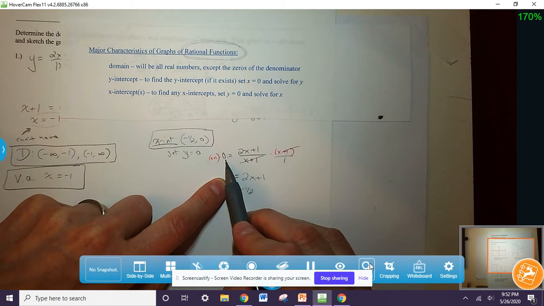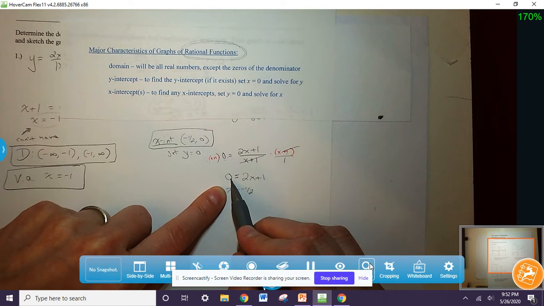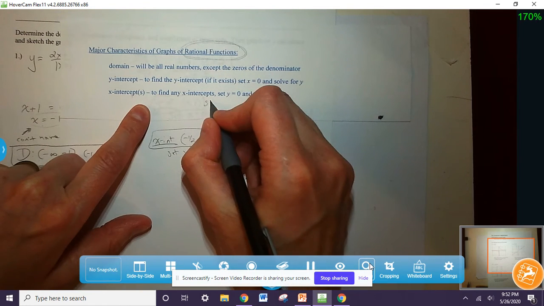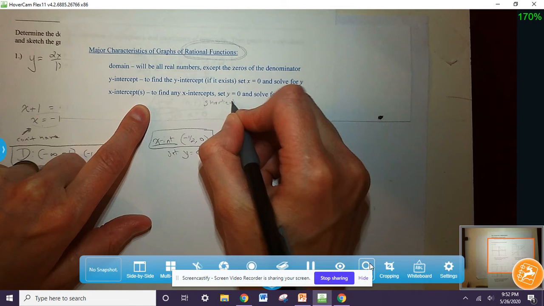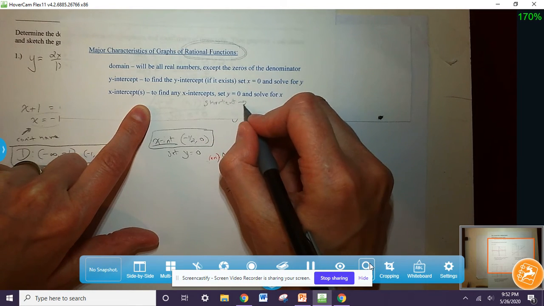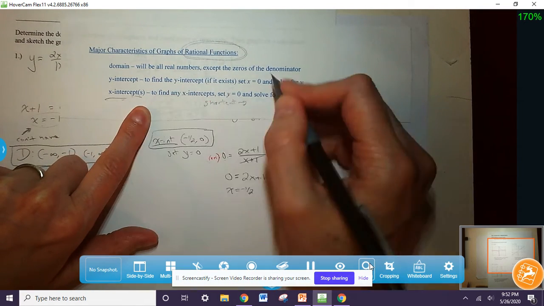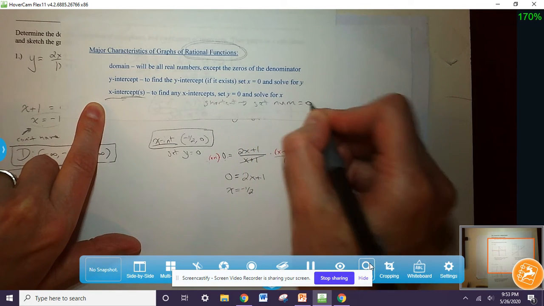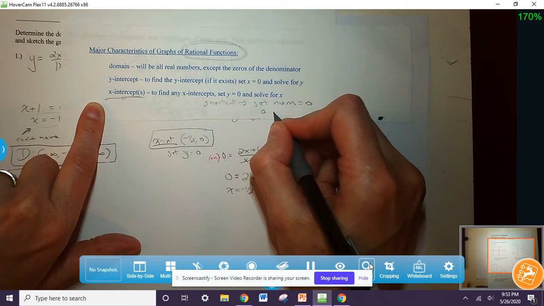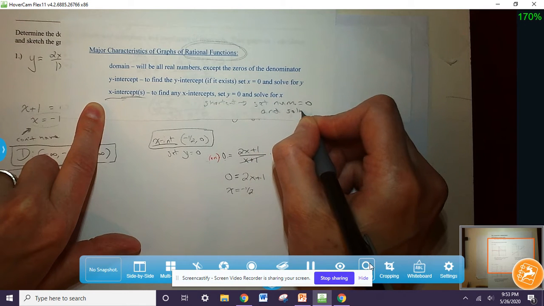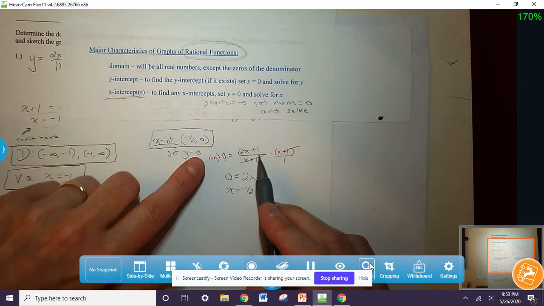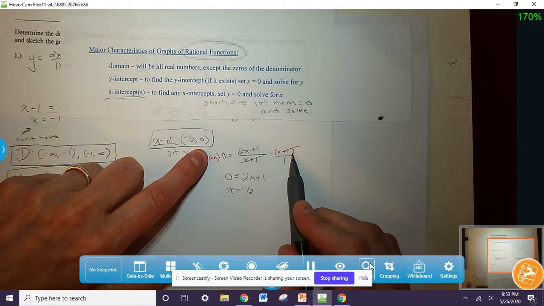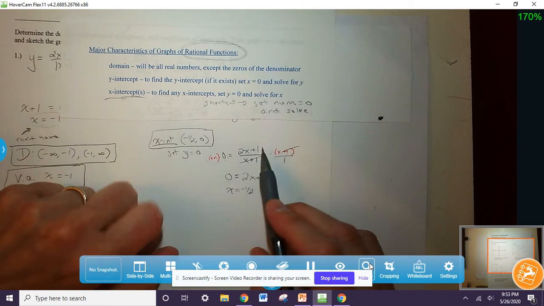And what happens is you get the numerator equal to 0. So as a shortcut, if you want, there's no need to do this, but as a shortcut for finding x-intercepts, you can just set the numerator equal to 0 and solve. Because what's going to happen in every single problem is when you multiply both sides by the denominator, it's going to cancel out anyway, and you're going to be left with the numerator equals 0.